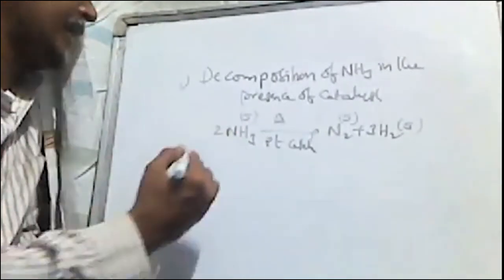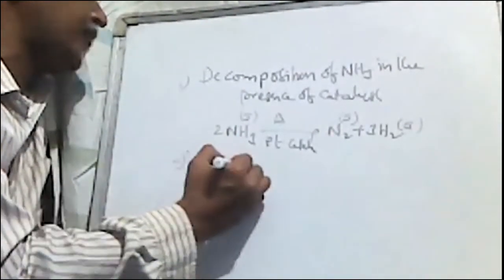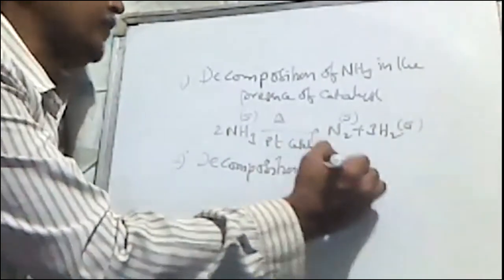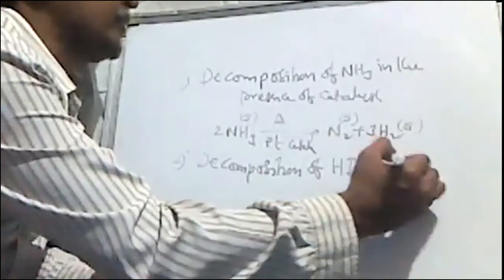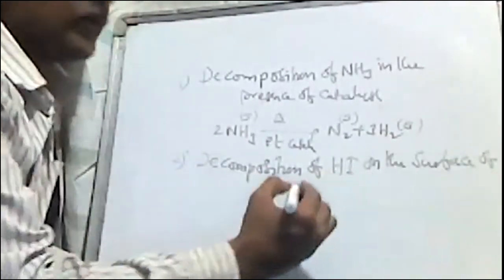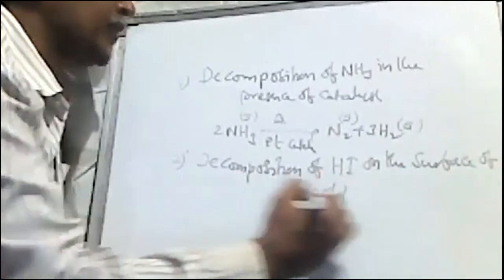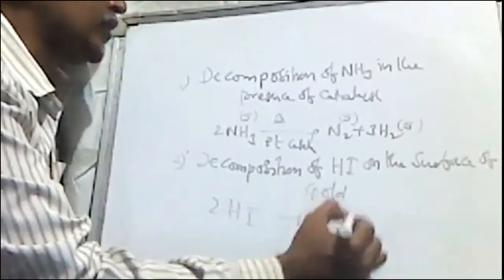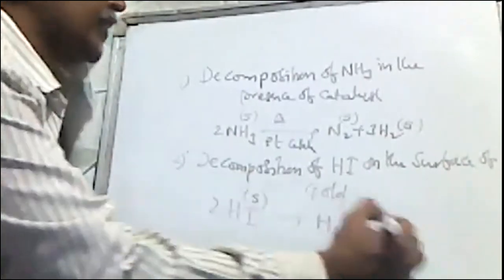The second example is decomposition of HI on the surface of gold. That is 2HI gives rise to H2 gas plus I2 gas on the surface of gold.